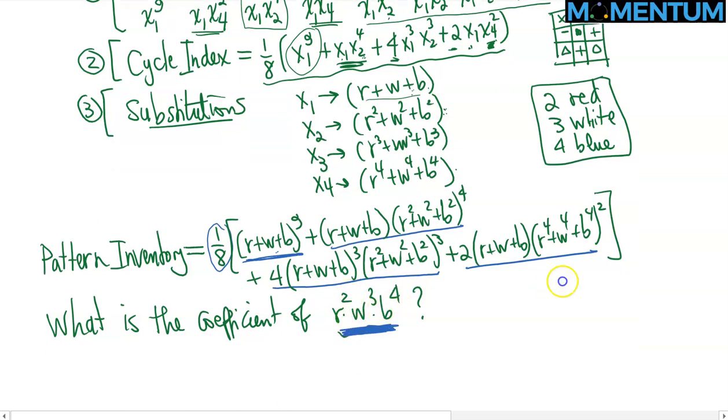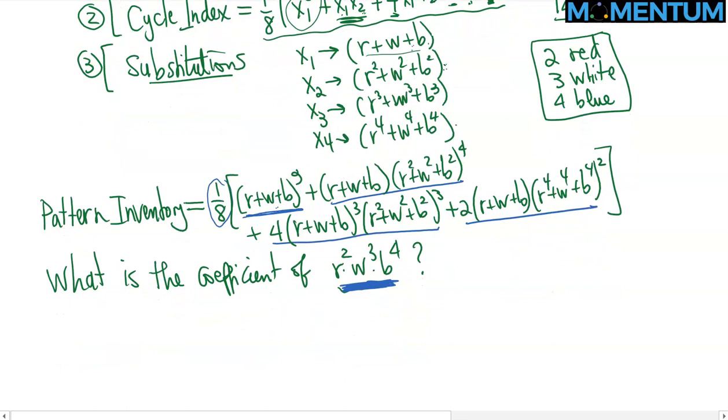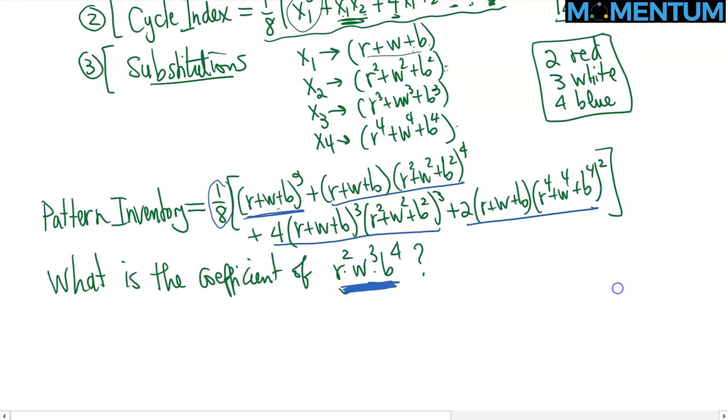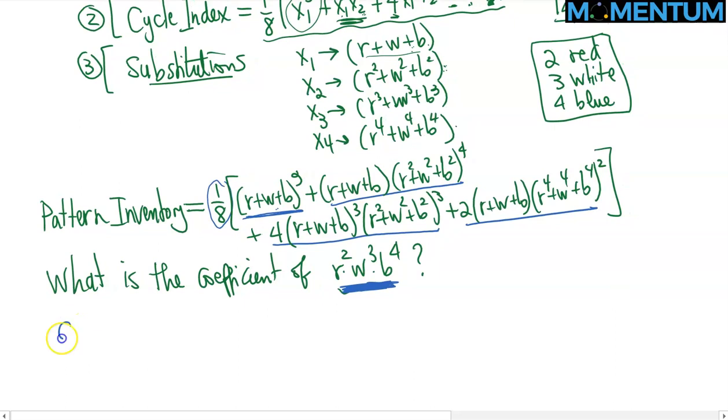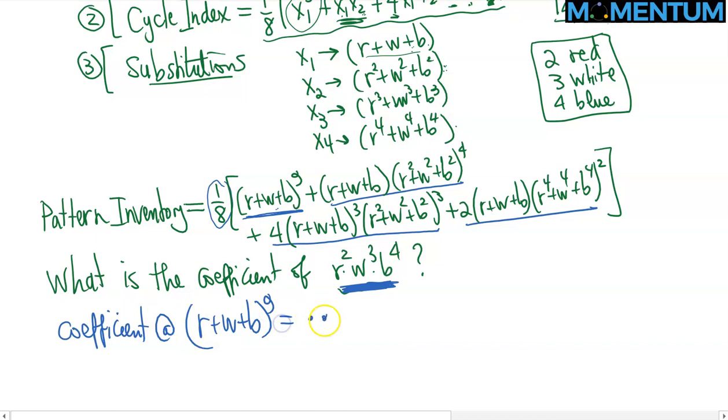Well, that's easy, right? So for the first term, the coefficient at R plus W plus B to the 9, the desired coefficient will be just a multinomial formula.